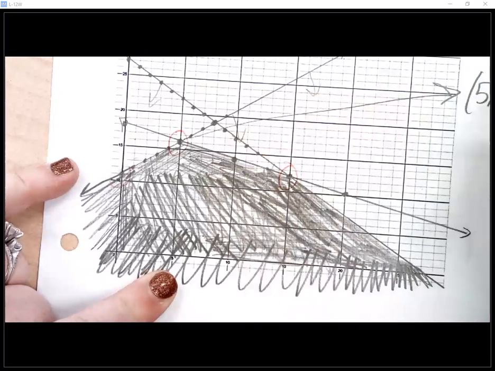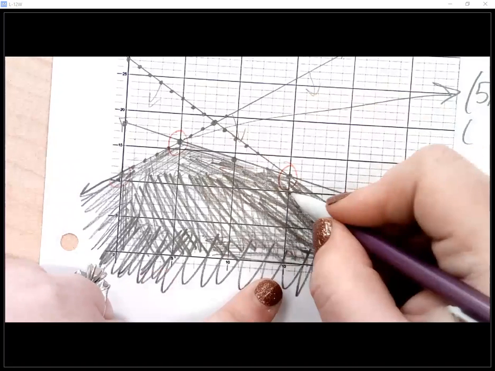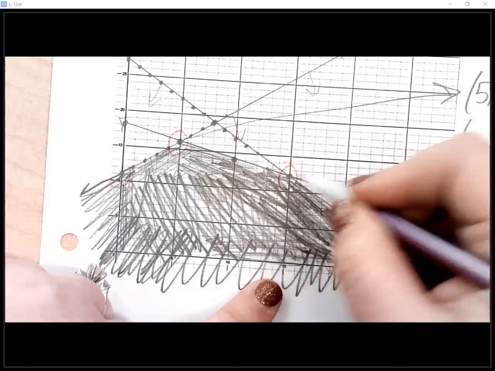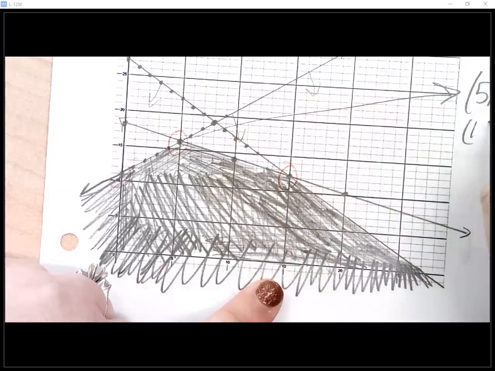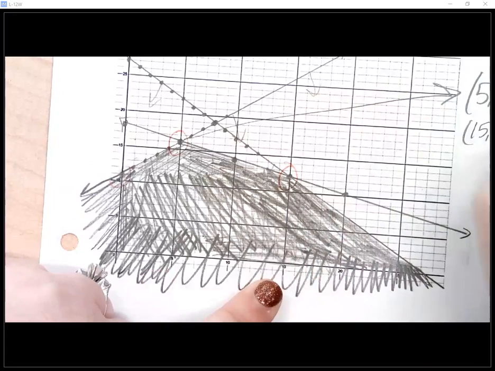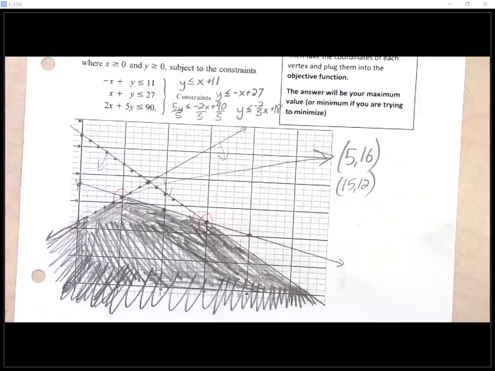And then this one is at 15, 12. Yeah. So once I have my vertices, however many there are, in this case, there's really only two that I'm looking at.